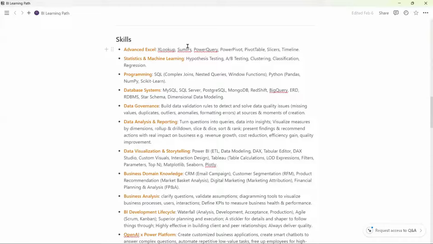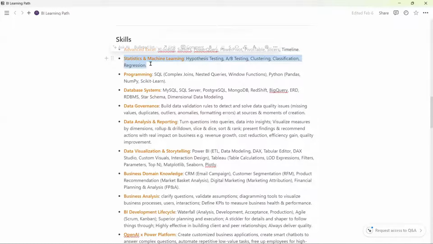XLOOKUP is better than VLOOKUP, HLOOKUP, and index match. So put XLOOKUP, some IFs, Power Query, Power Pivot, Power Table, Slicers, and Timelines. If you haven't even heard of slicers and Power Pivot, then you should do some research about it, right?